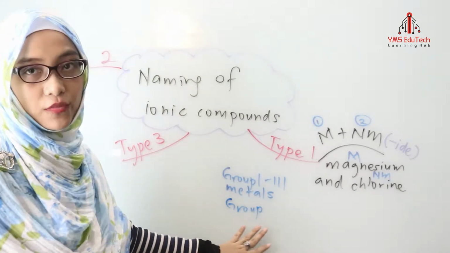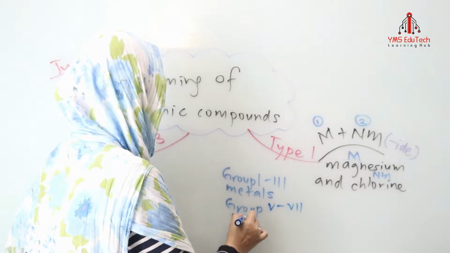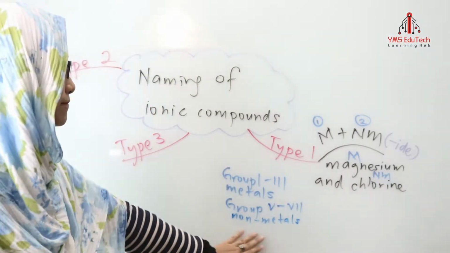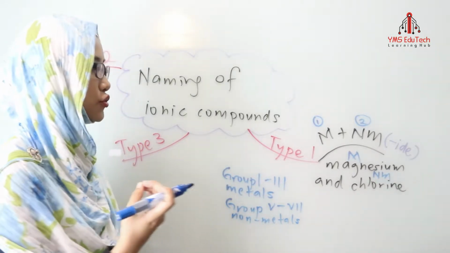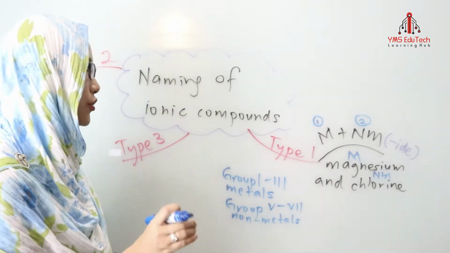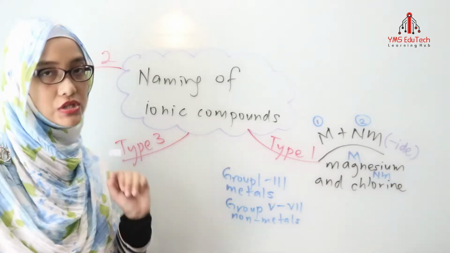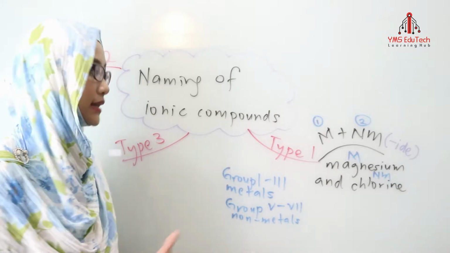I'm going to touch on group 5 to group 7, which are non-metals. You may recall that your teacher has taught you group 0 or group 8 also being non-metals. Yes, they are, but they are not involved in forming compounds because group 0 elements are stable. Those are the noble gases.